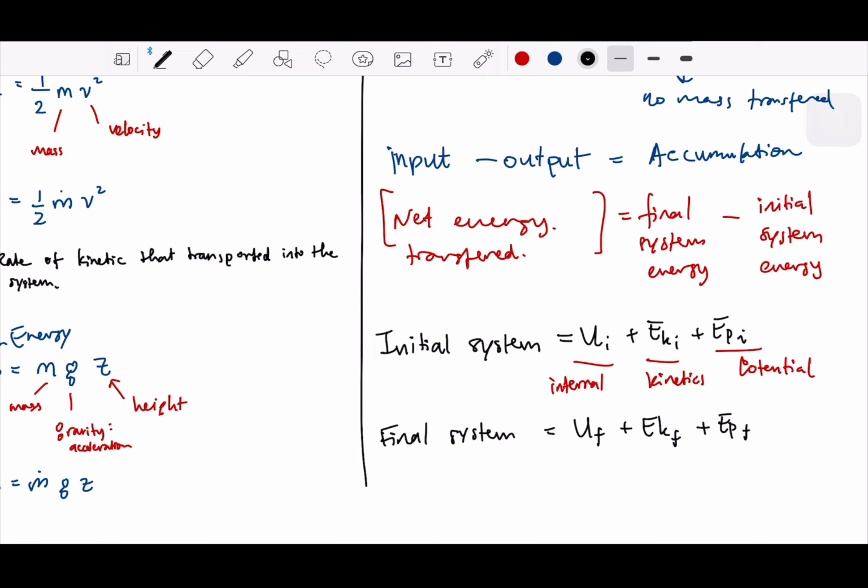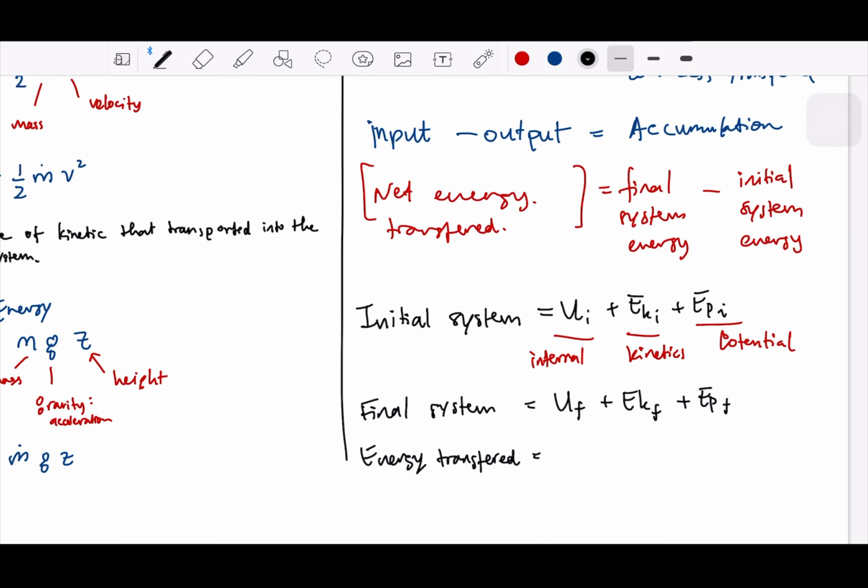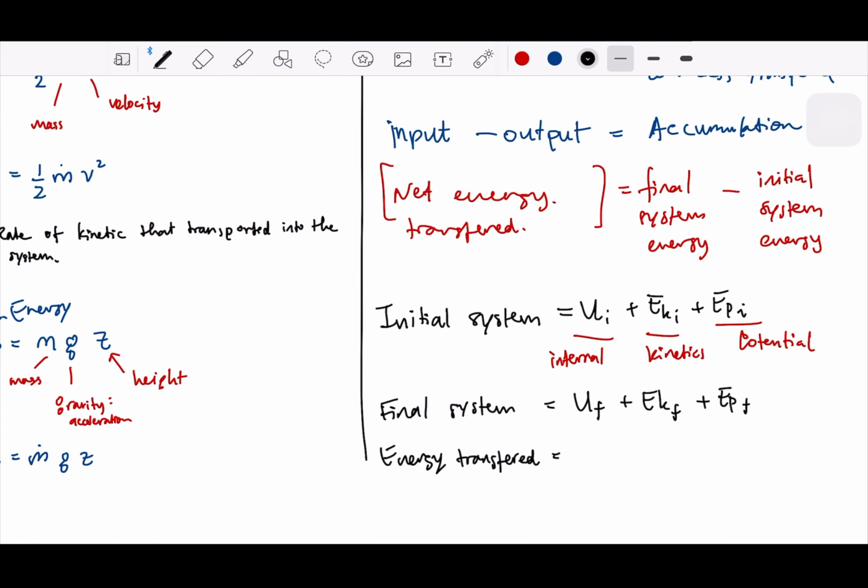The work that can be done by the system or done by the surroundings. And this work is actually on the other side. Okay, I'll write here. So we have the energy that is transferred, the net energy, as the heat minus the work.